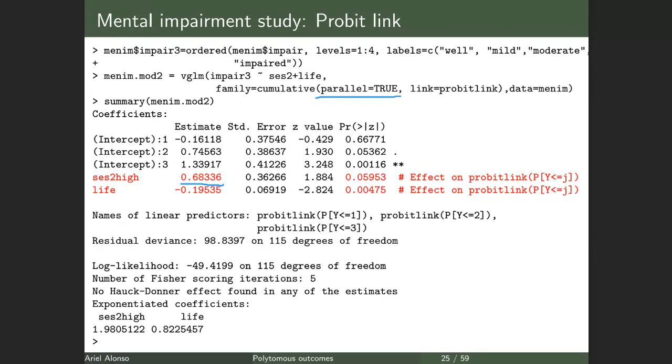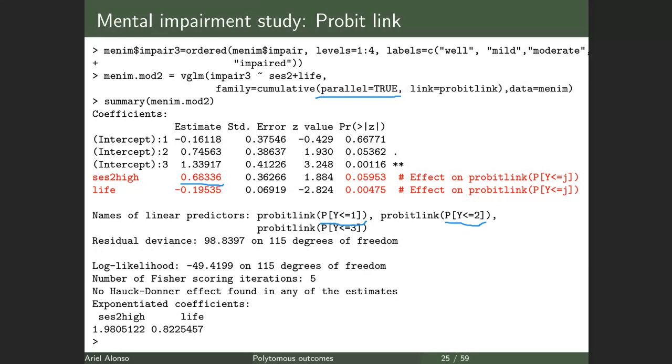So the probability that, for instance, an individual will be well is the probability of y is smaller or equal than 1. That probability is going to be higher for individuals with a high economical status than with a lower economical status. The probability that an individual will be well or will have only mild symptoms is going to be higher for individuals with a high social economical status than for individuals with a low social economical status.